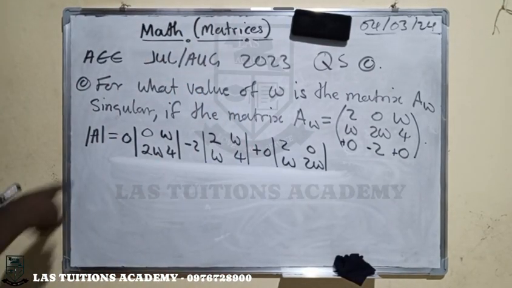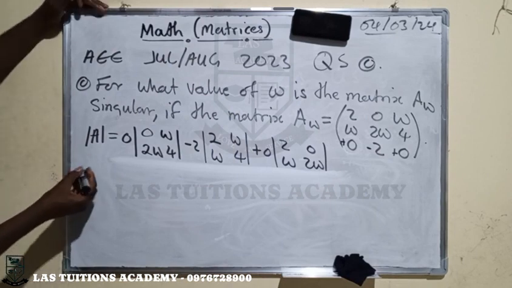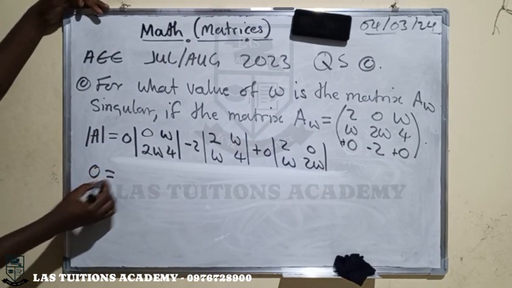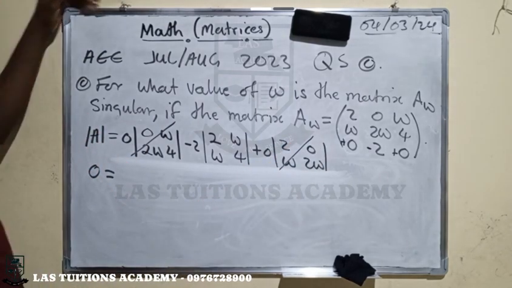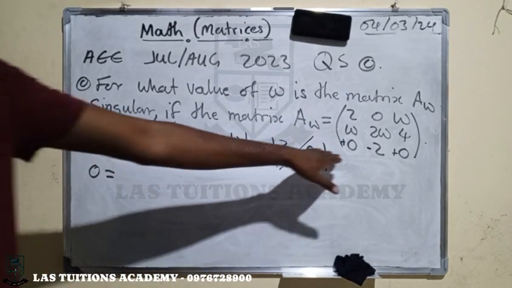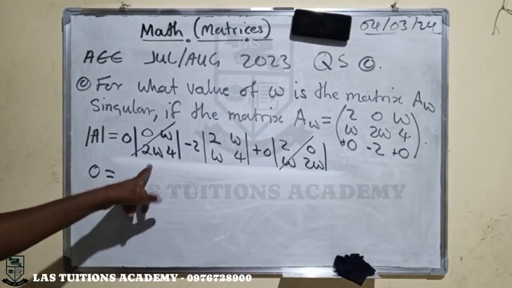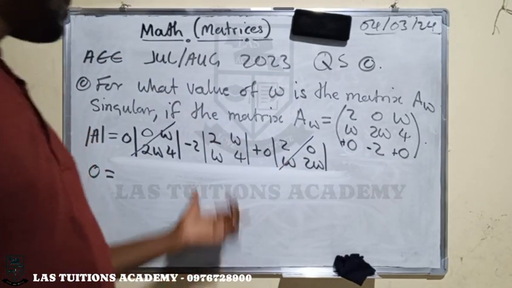So now we know the determinant here is 0. So 0 is equal to, this one is going to go to 0, this one is going to go to 0. That's why we chose this row here, because 0 times this you get 0, 0 times that you get 0. So we only have this.